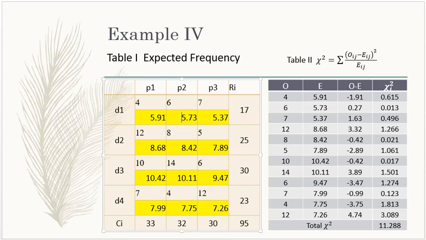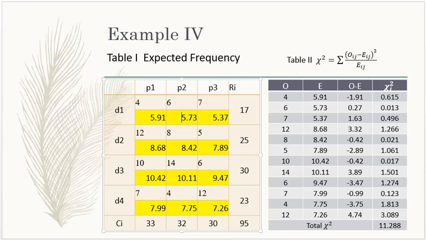So calculate the chi-square value as in the earlier case. How you got 5.9 is 17 into 33 divided by 95. Here 17 is the row total, 33 is the column total, and 95 is the grand total. Similarly, for the second cell, it is 17 into 32 by 95.